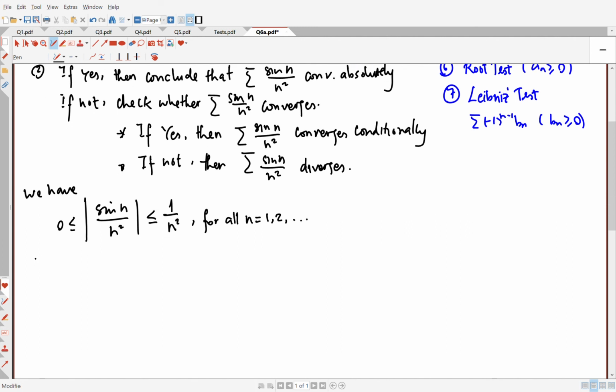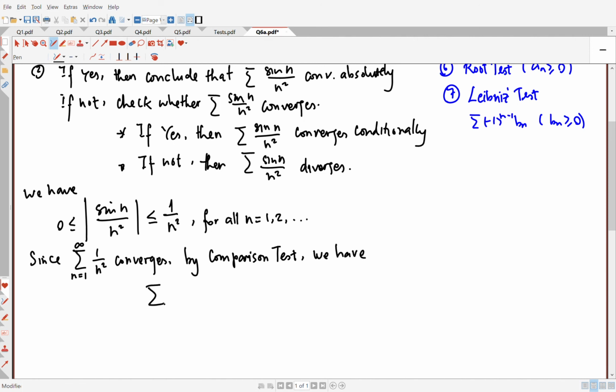So since the sum of 1 over n square, n starting from 1 to infinity, converges, by the comparison test, we have the sum of the absolute value of sine n over n square converges.